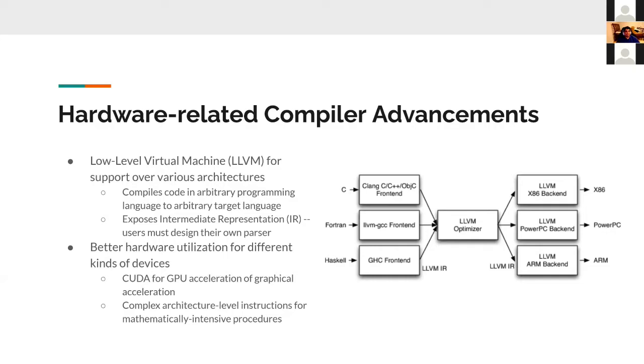Those kinds of advancements are made possible by compiler advancements that come from this hardware. Like I said previously, advancements in hardware and in computer architecture make possible some advancements in compilers. If you have better low-level components, you start to design better high-level components too.